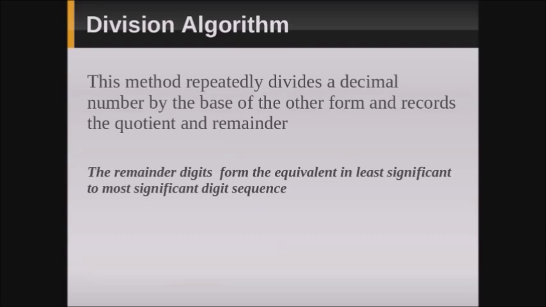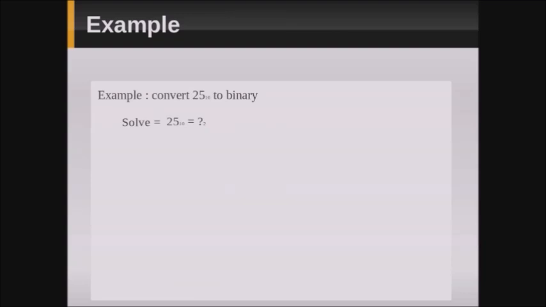Divide the given value by the destination base, preserve the remainder, and then again divide the resultant quotient. This process should be continued until the quotient becomes 0, right? And here the remainder digits form the equivalent from LSB to MSB. The remainder that we get from the first step would be considered the LSB, and the remainder that we get from the last step would be considered the MSB, right?